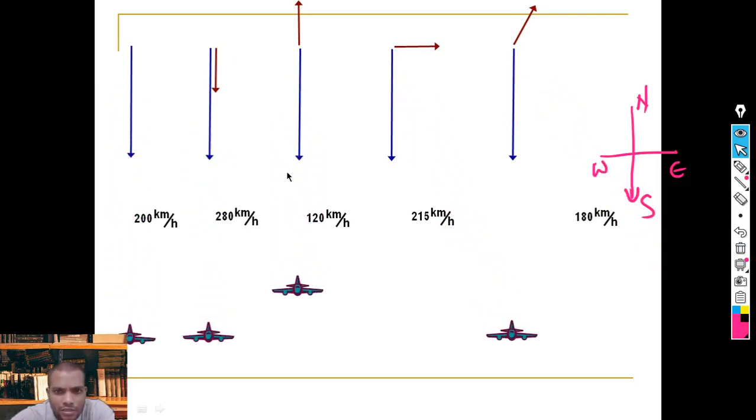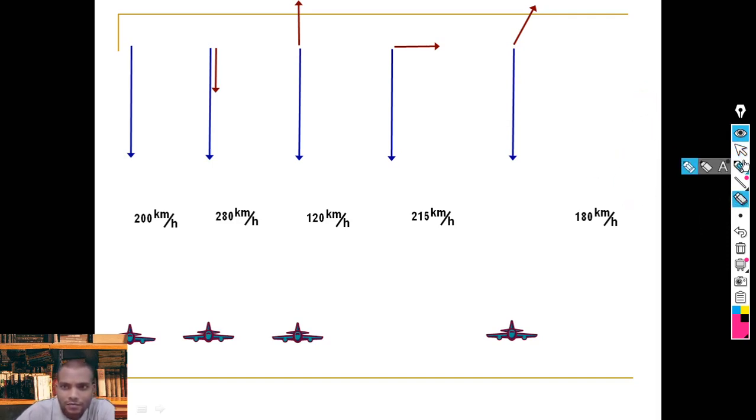Now notice the speed of the plane. In all the cases, the velocity of the plane is different. What could be the cause? The cause is that in all situations the velocity of the wind is different in different directions. Let me play that one more time.